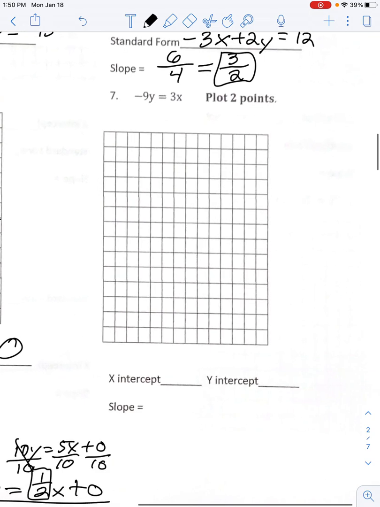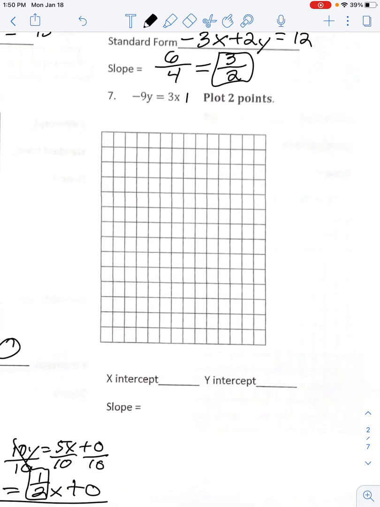All right, number 7 is very similar. To find the intercepts, the first thing we need to do is add a 0 in here. Then we take the x, move it to the front, and change the sign, so it becomes negative 3x minus 9y equals 0. Now to solve for the x, we're going to take the y out.